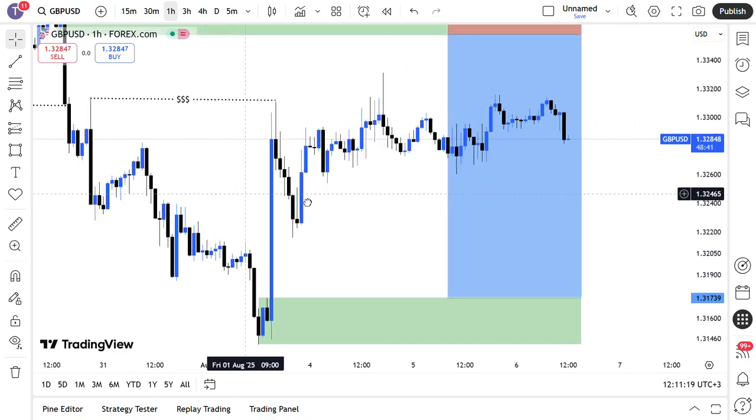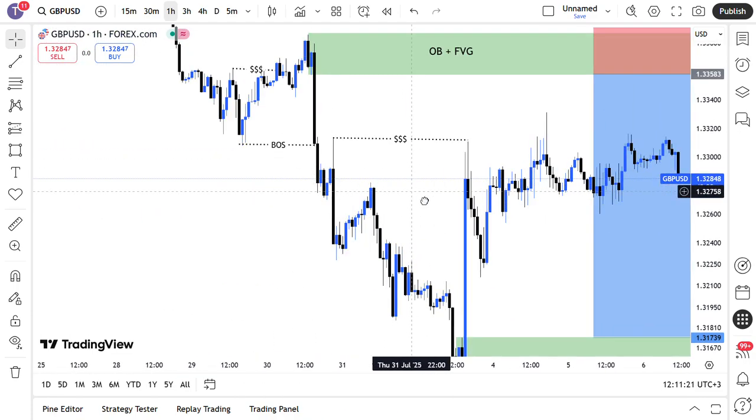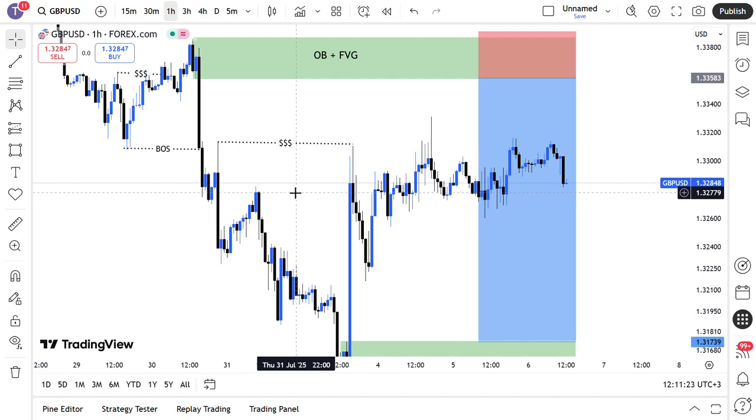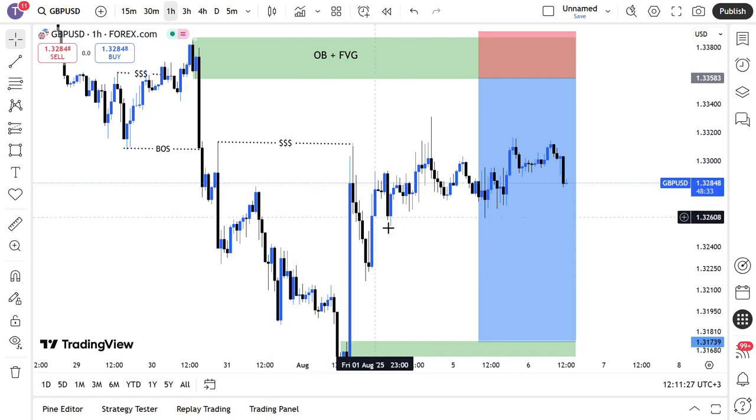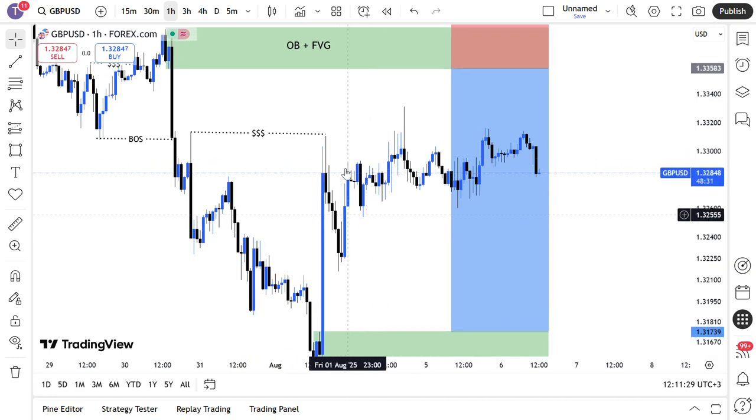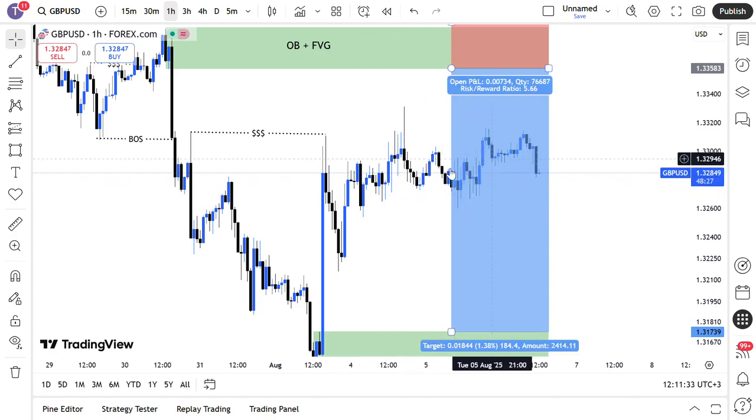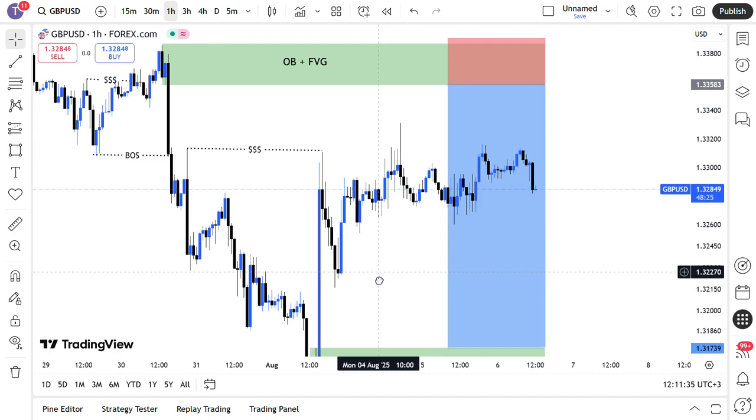So on GBPUSD, we had our analysis from the previous video, and since Monday, GBPUSD has not been moving very well. So you can see very clearly we have a consolidation around this point.